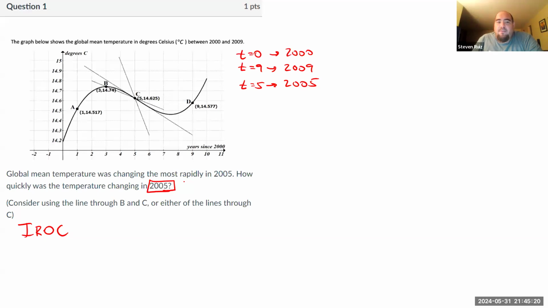We are given one point in time and not an interval, not some wider separation in time. So we're looking for an instantaneous rate of change.